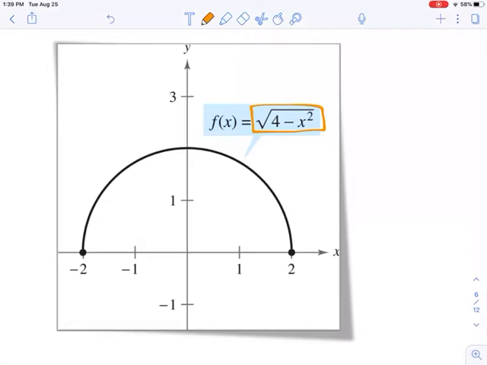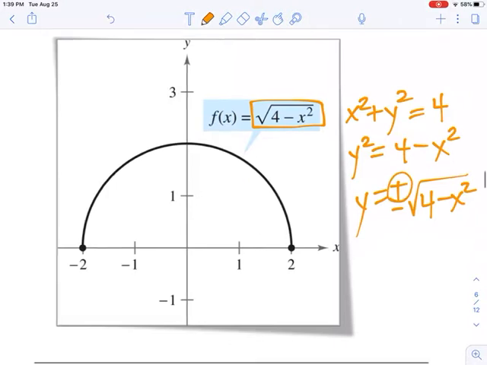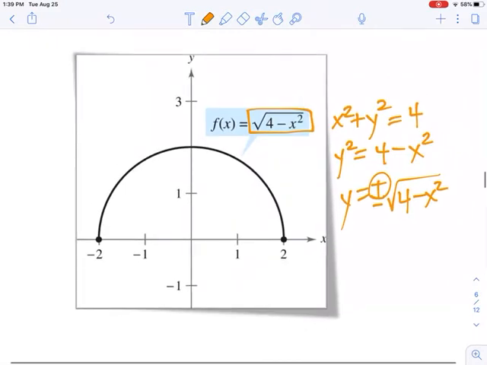Okay, same thing here. This curve has no holes or breaks, but its domain is limited, okay? And I need you guys to get on board by remembering that this is a semicircle. X squared plus y squared equals r squared is a circle. So if we have a number here, like 4, and we solve for y, it is plus or minus radical 4 minus x squared.